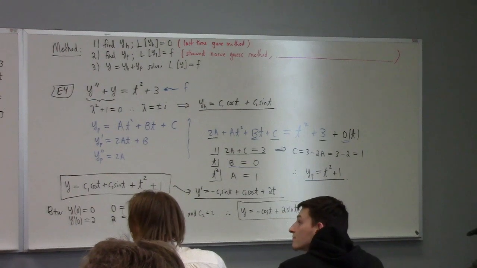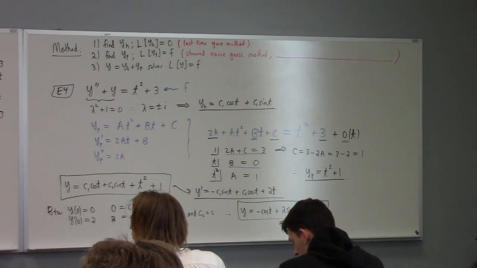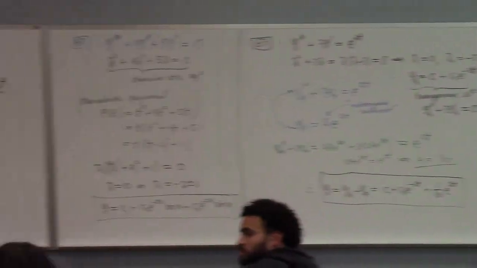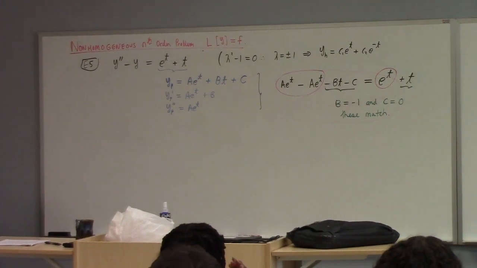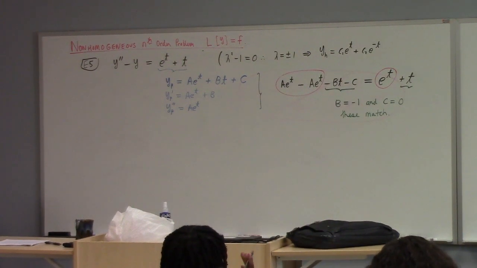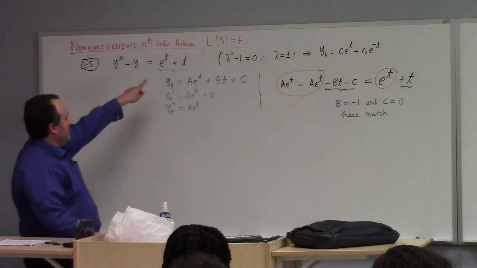You cannot produce e to the t over there with that, right? The naive guess fails. It doesn't work. We cannot produce this term.